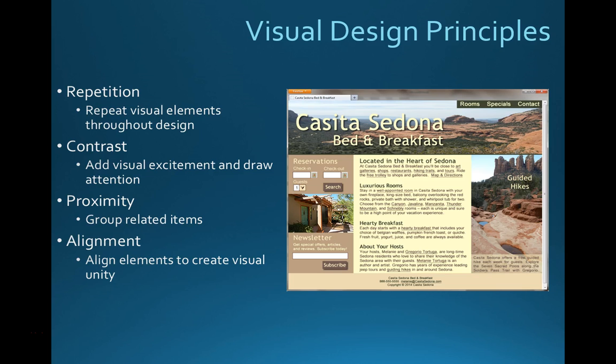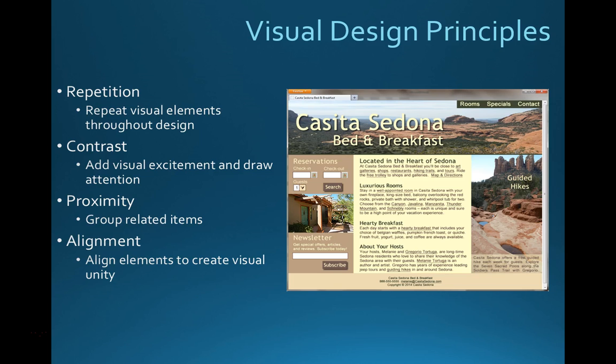In this case, the repeated elements, as we move from one page to the next, are our graphic at the top, our links at the upper right-hand corner, and the sizes of some of these headings. The footer, these are repetition areas where every page will have the same content in the same place.